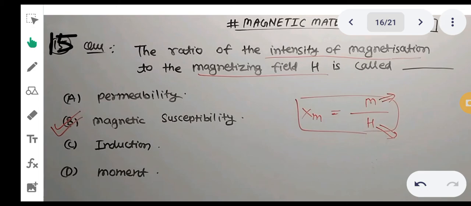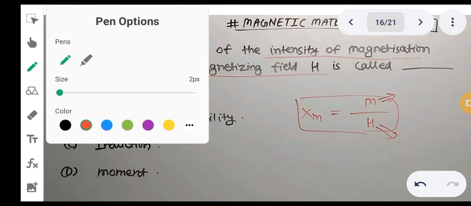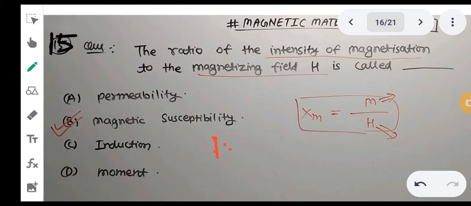Know that magnetization, capital M, is equal to Xm times H. So making Xm the subject, you are going to get Xm to be M over H. So the Xm is the magnetic susceptibility, the M is the magnetization, and the H is the magnetic field. So the ratio will give us the magnetic susceptibility Xm.